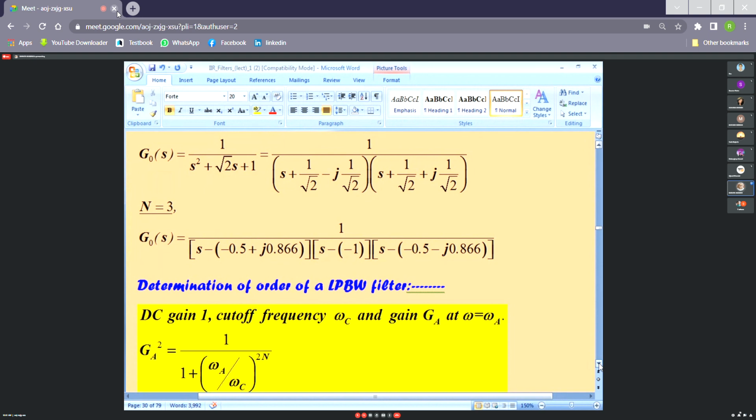You have also learned how from the given specifications, the order of the Butterworth filter can be determined.